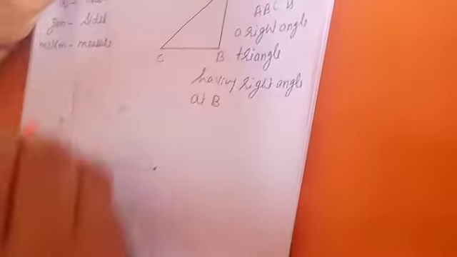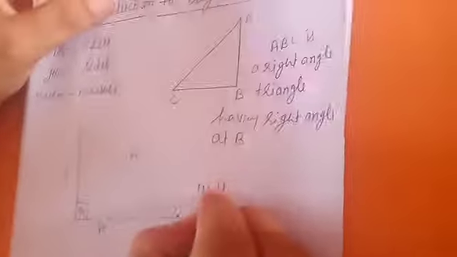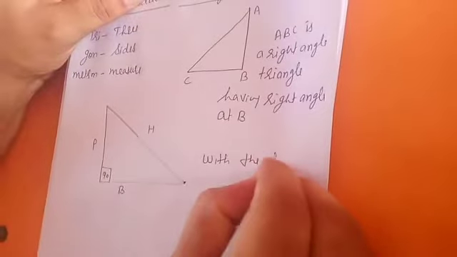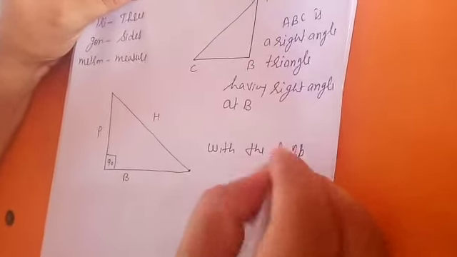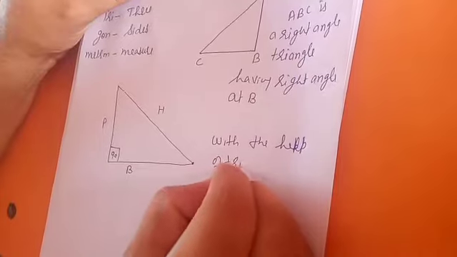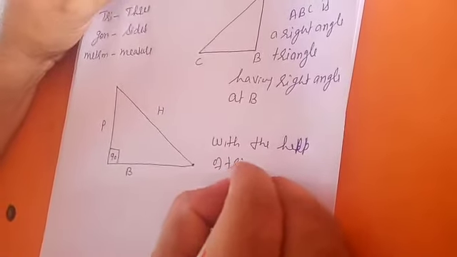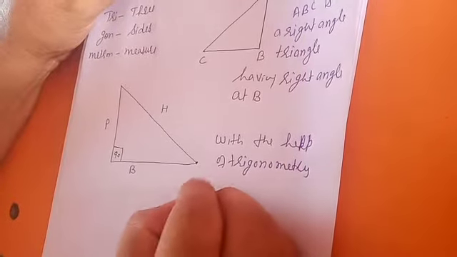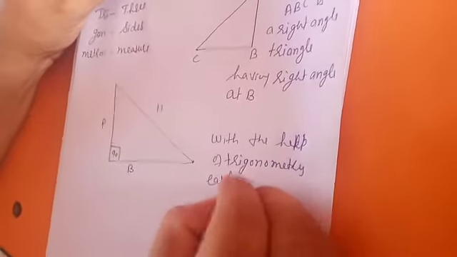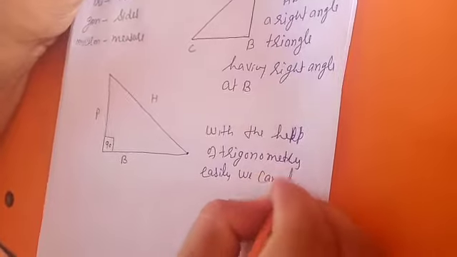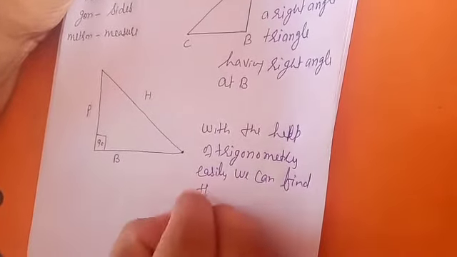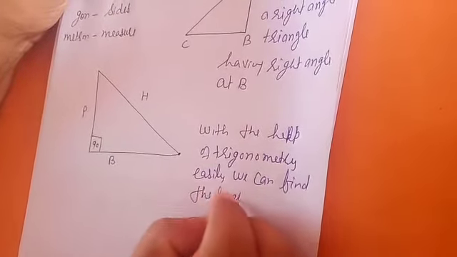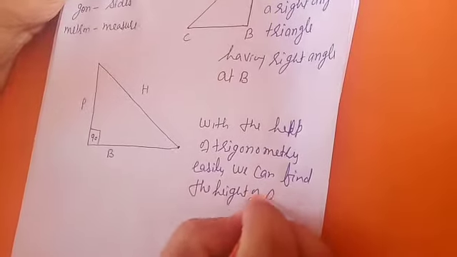So the student is standing here and looking up, and this angle is 90 degrees. With the help of trigonometry, we can easily find the height of the Qutub Minar.